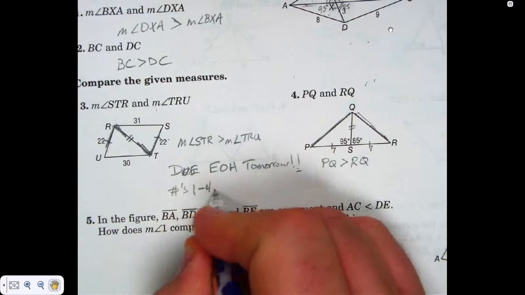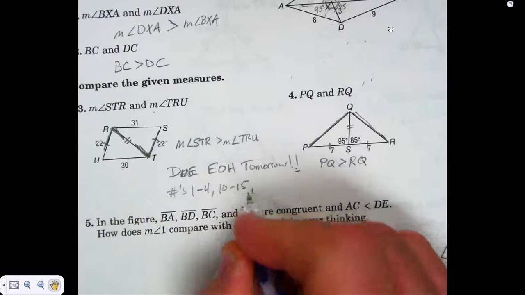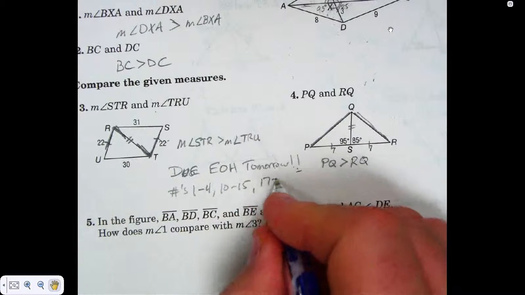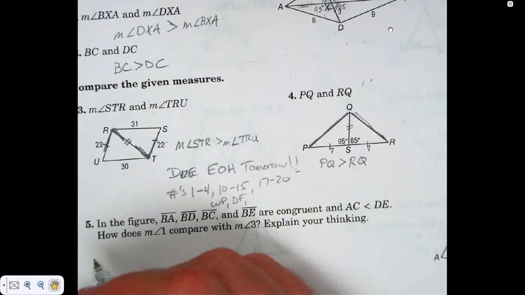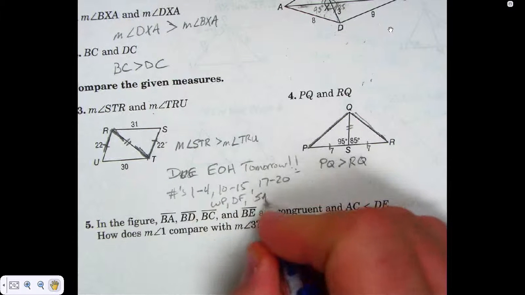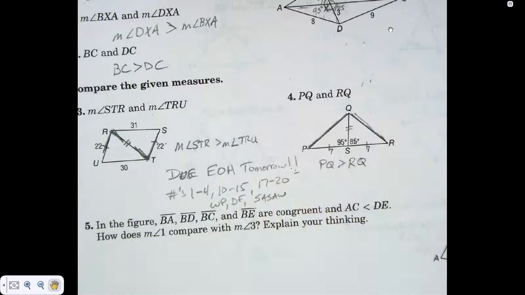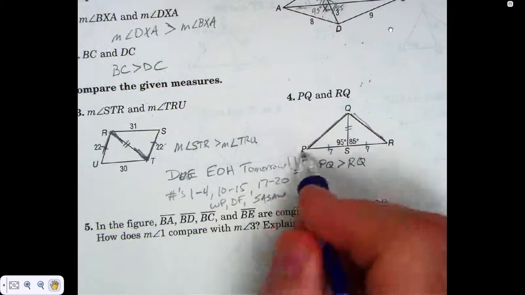Numbers 1 through 4, 10 through 15, 17 through 20. Write the problems, draw the figures, and that includes labeling them. And show all steps and work. You hear about the labeling them, putting what things are equal to, marking them, how they are in the book. I hope you heard that.